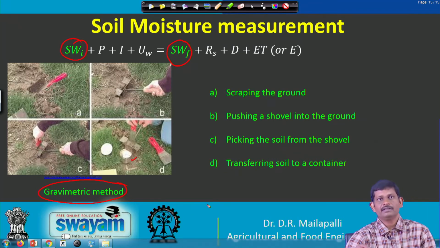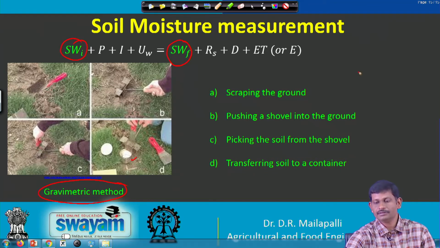Then the container with the soil is taken to the laboratory, and there we dry it at 100 degrees Celsius for 24 hours.